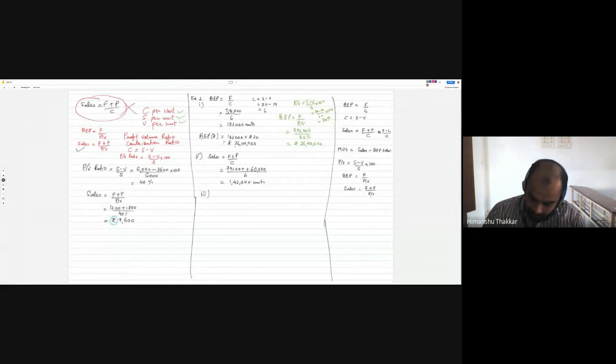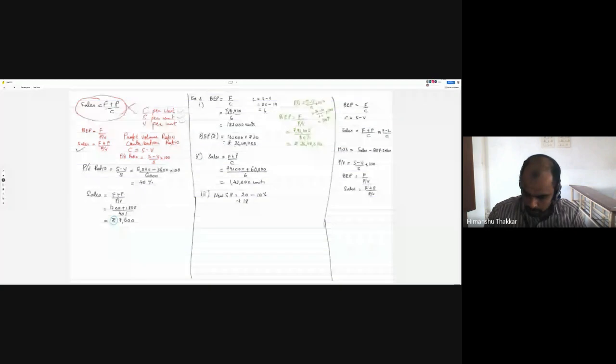Now see, first you need to find out the new selling price. 20 was the earlier selling price, minus 10% reduction. So the new selling price will be 18. Are all of you able to get it? New selling price will be 18.